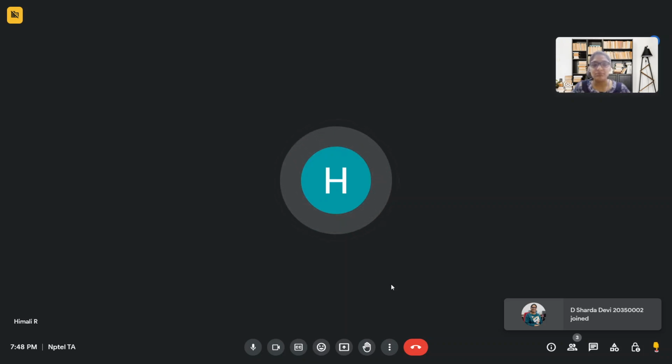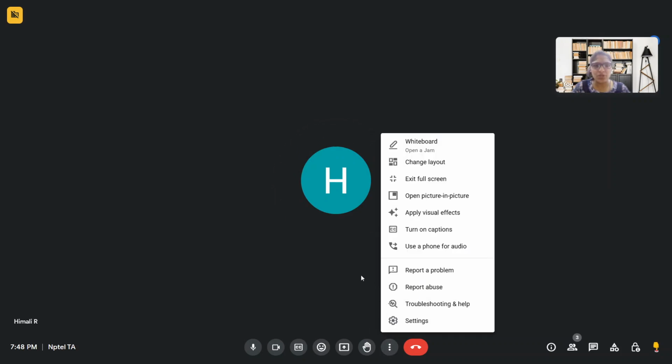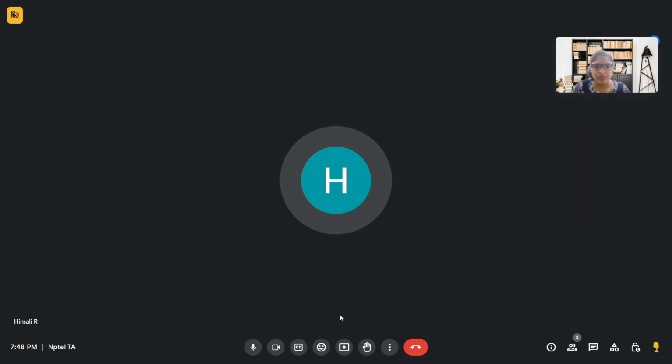I'm not able to share for some reason. Can I just copy paste the image in the chat box? Yeah, sure. Maybe you can do that. Is it not allowing you to share anything? It's not like the share button is not there, but it's not being activated.